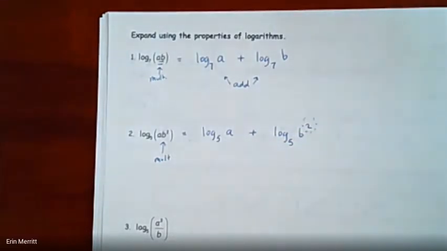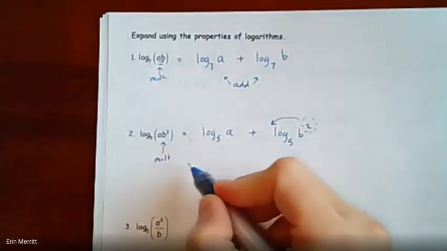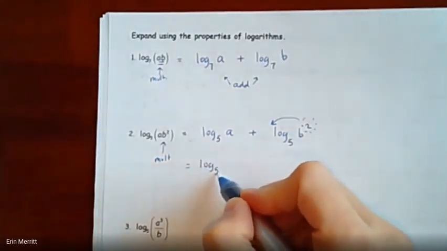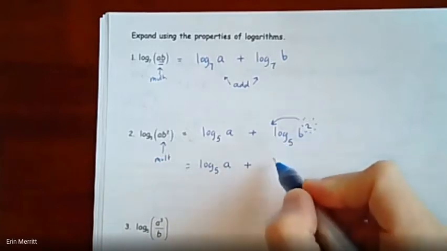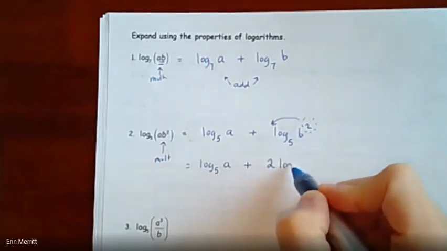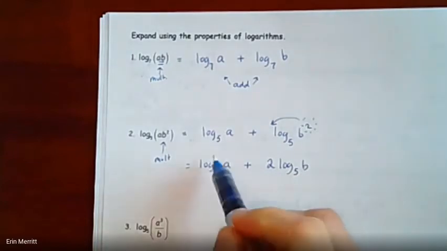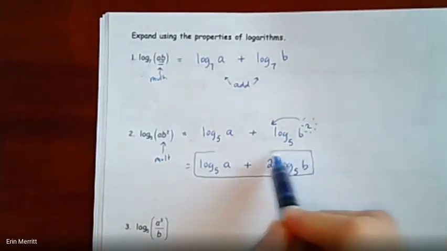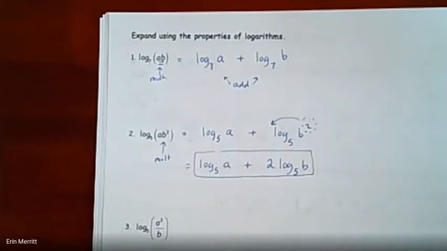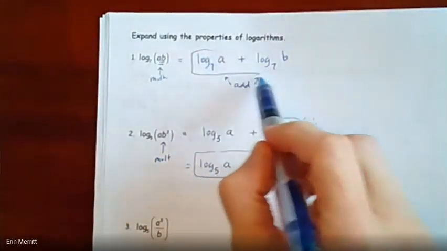That third rule we talked about is that exponent can come and drop out front. So this is really log base 5 of a, and then plus 2 times log base 5 of b. And there you go. That would be my fully expanded log property.